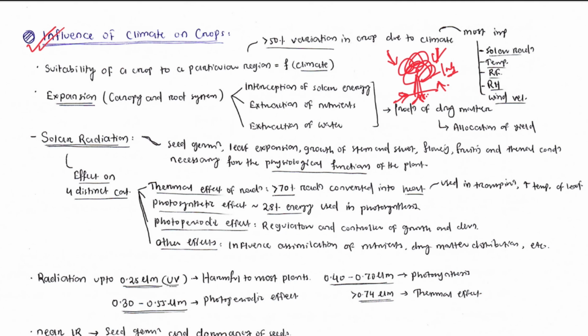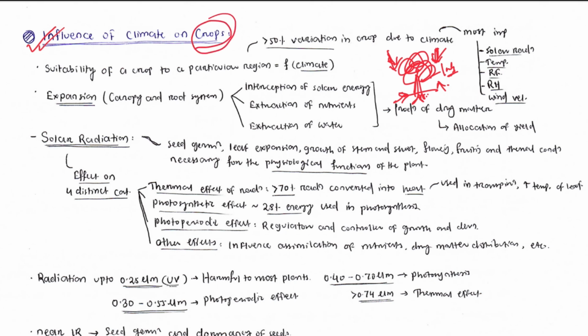In the aerial environment, we have solar radiation, temperature, relative humidity, whatever we have discussed in the previous lectures. Those weather elements also affect crop growth. So in this lecture we will discuss how these weather elements affect crop growth and productivity.